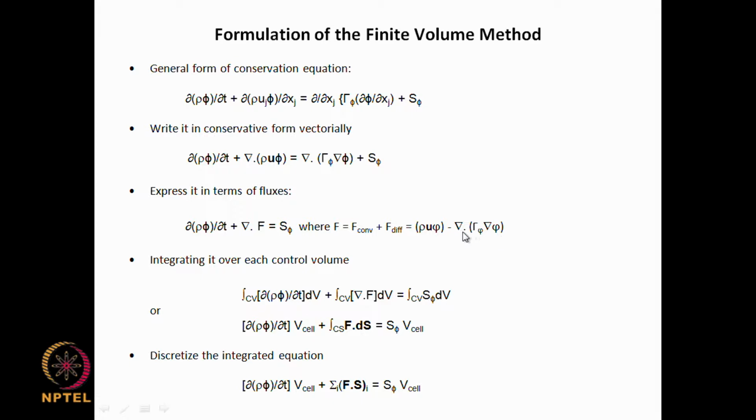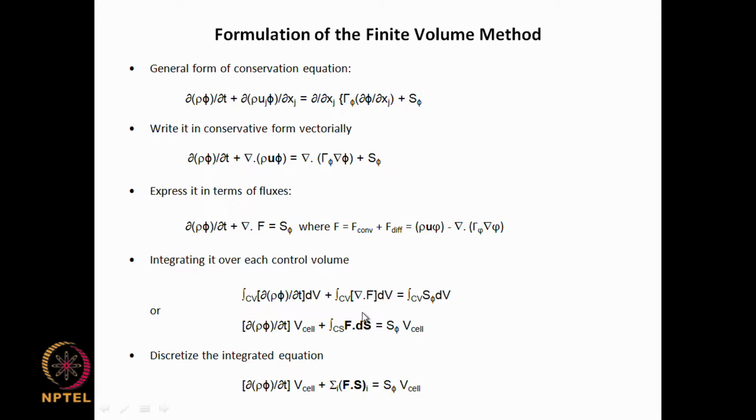We integrate this over each control volume to get an equation like this, where we are assuming that phi has a constant value within that cell. So we can write this as dou by dou t of rho phi times the volume of the cell, and then the integral of all these fluxes over all the faces of the control volume equal to the source term in the cell times the volume of the cell.